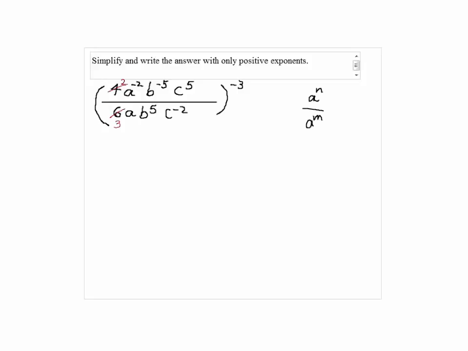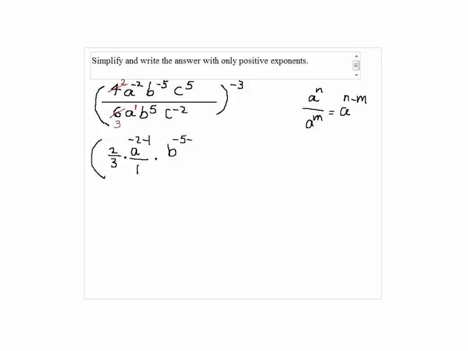So here I have my property: a to the power of n over a to the power of m is equal to a to the power of n minus m. So let's go ahead and do that. Here inside the parentheses I have 2/3, and here I would get a to the power of negative 2 minus 1.